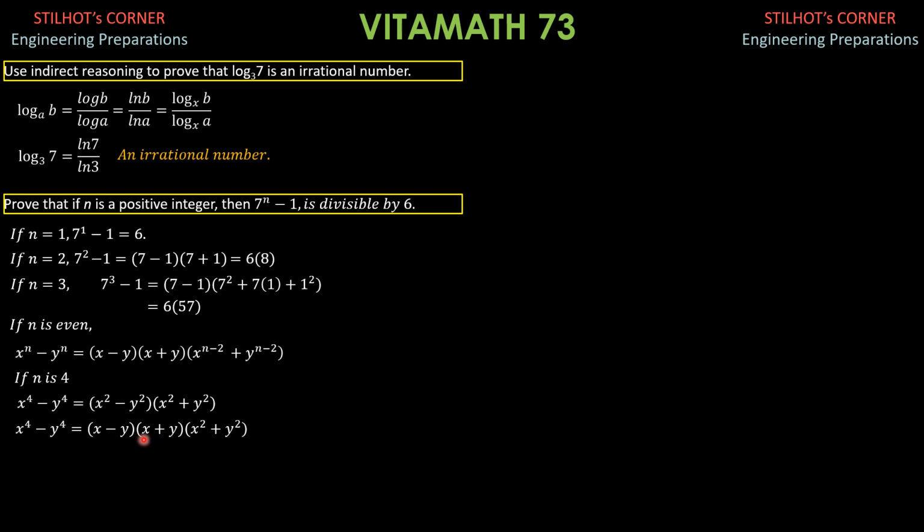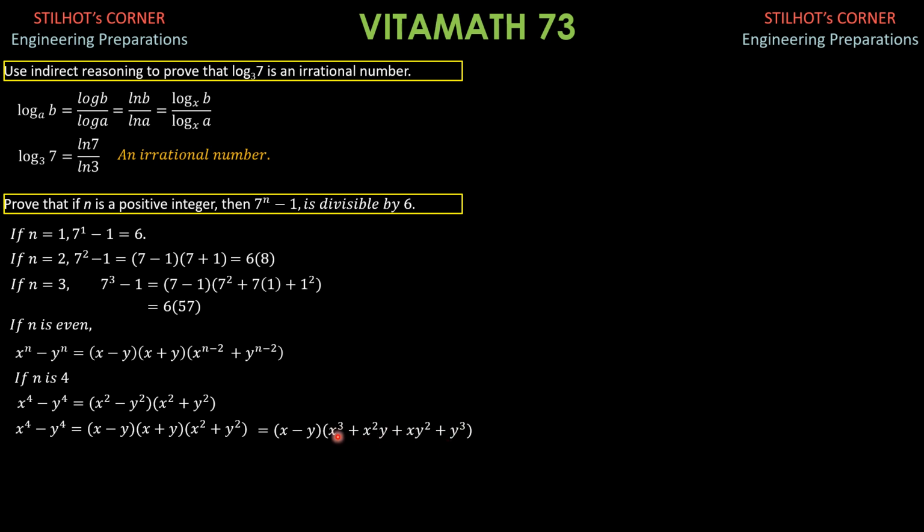Actually, if we expand this, it is x minus y times the quantity x cubed plus x squared y plus x y squared plus y cubed. That's the other factor. So that we can factor x to the n minus y to the n later in general. So this is the expansion.